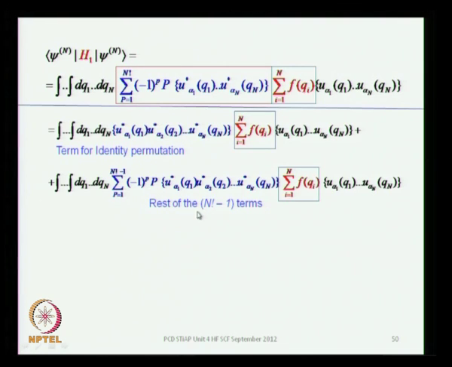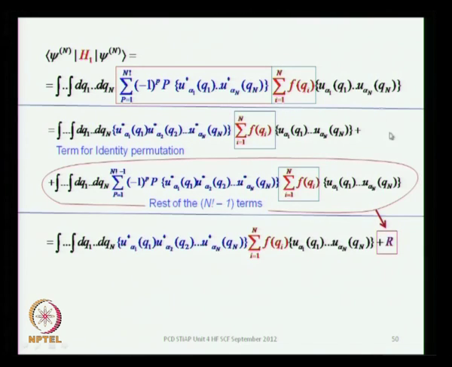There are factorial n minus 1, because the factorial n permutations includes the identity, that is the one which I have explicitly written out, and the remaining terms I have packed together in the second term. So this pack of the residual factorial n minus 1 terms is what I call the remainder R. So, I have got a term in the identity permutation plus a remainder.